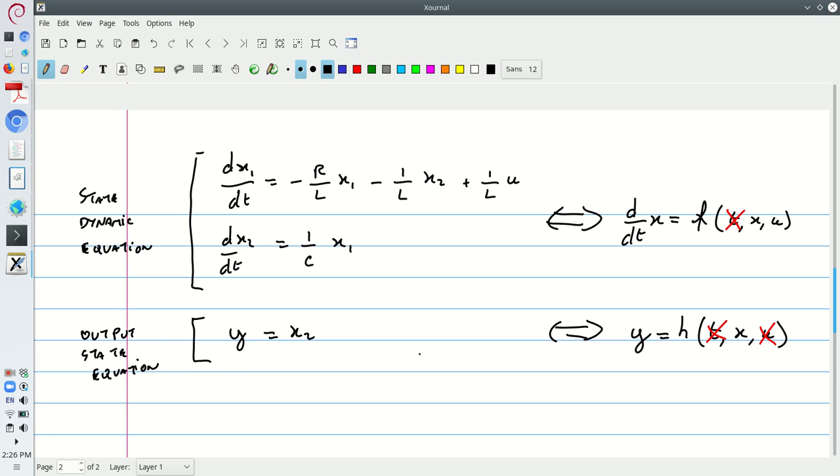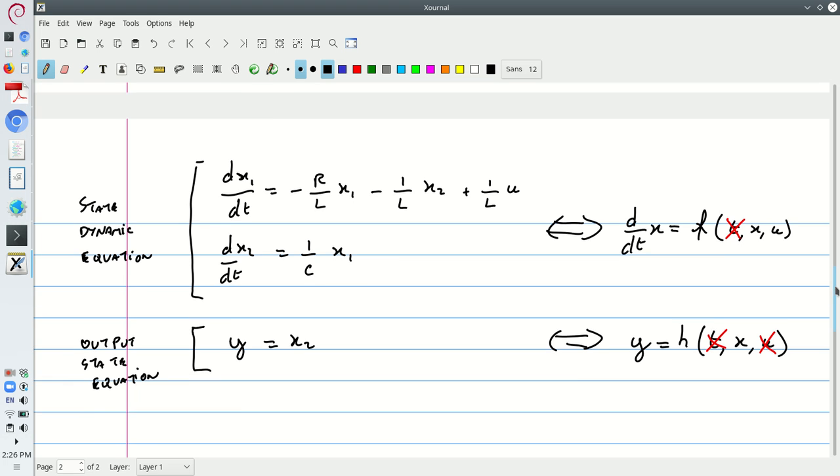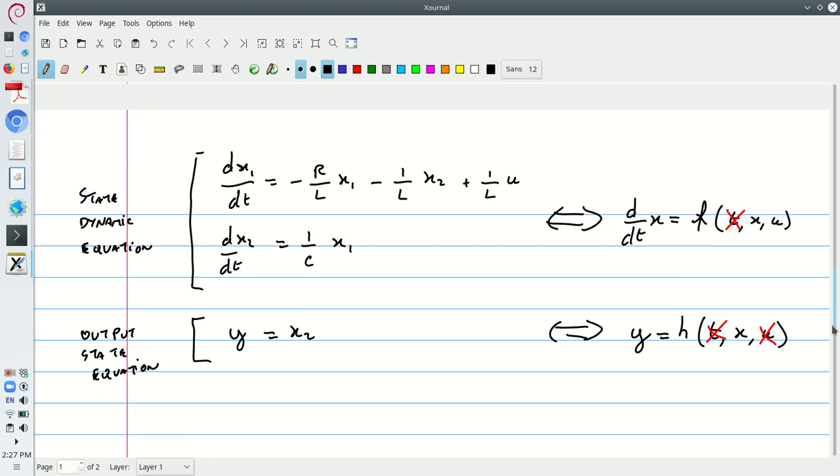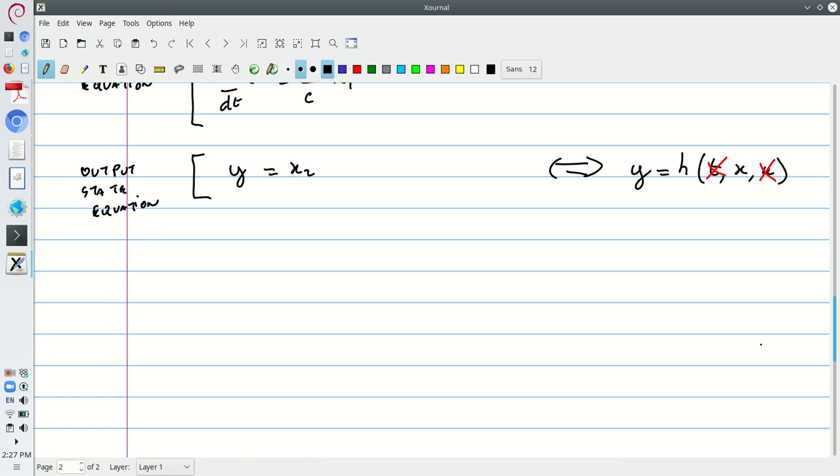So this is a way to obtain our representation immediately, using this trick that works for passive circuits, where we just use as state components the currents over all the inductors and the voltages over all capacitors. So this is our state space representation.